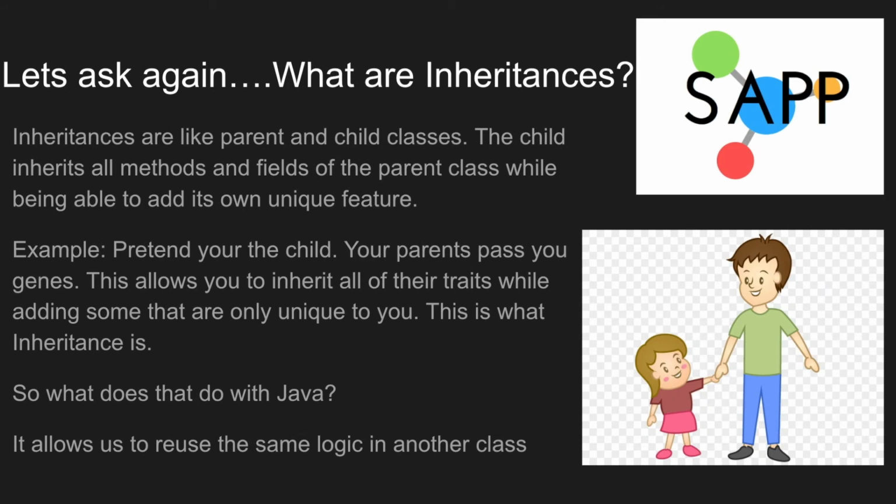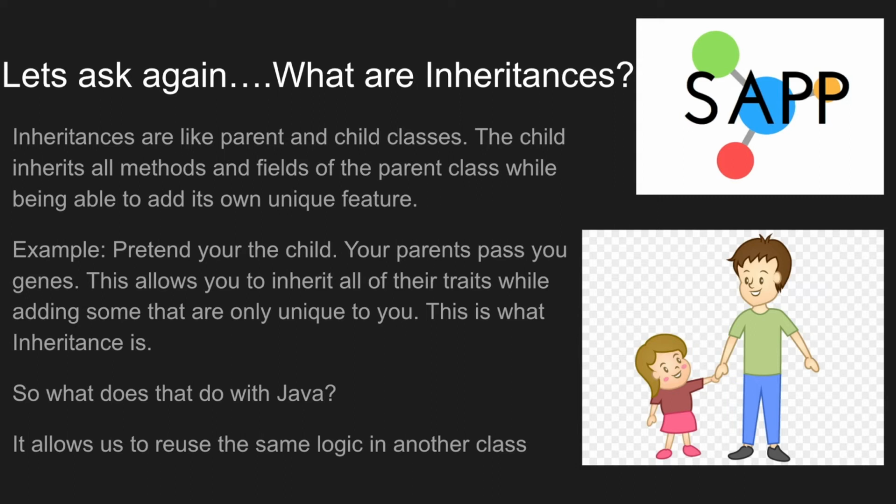Alright, so let's ask again, what are inheritances? Inheritances are basically like parent and child classes. The child class inherits all methods and fields of the parent class, while you can add your own unique features. Let's give an example. Pretend you're a child. Your parents pass you genes, but the genes don't make up all of you, only some part of you.